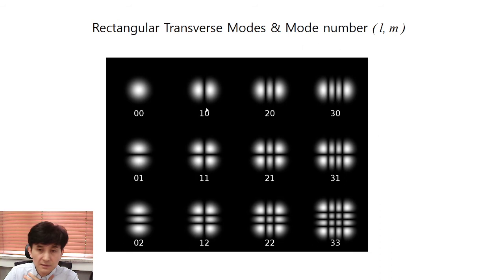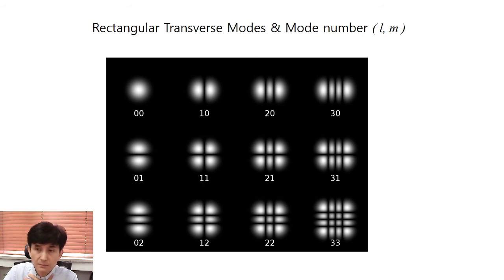We will not derive this one. This is the Maxwell equation satisfying a certain boundary condition. This content will be covered in electrodynamics, so I will not cover this one.